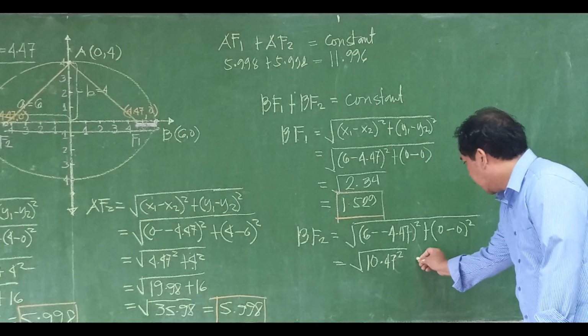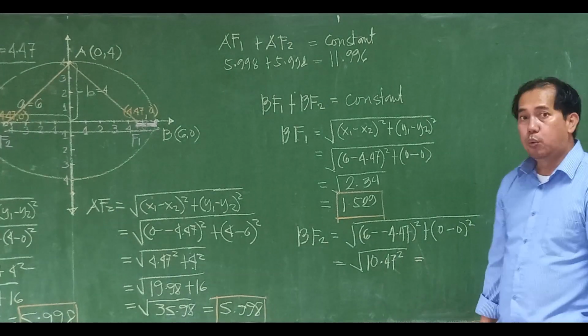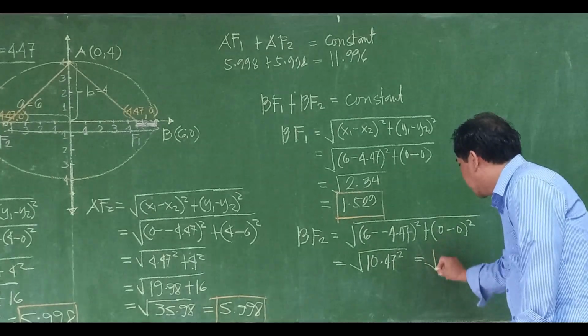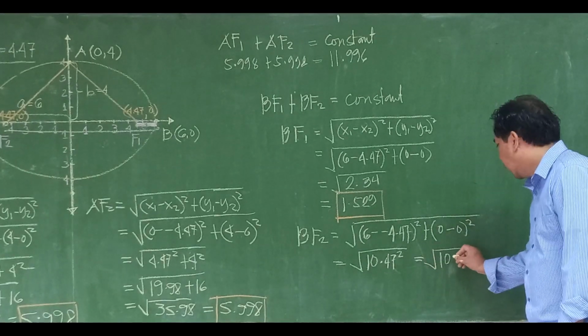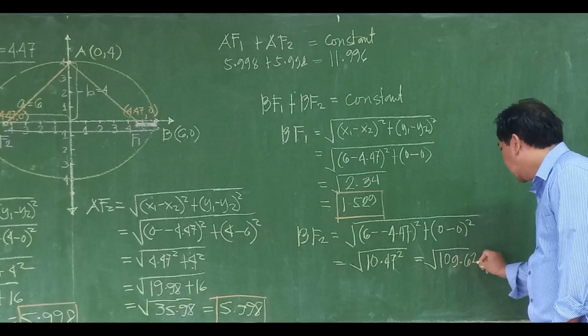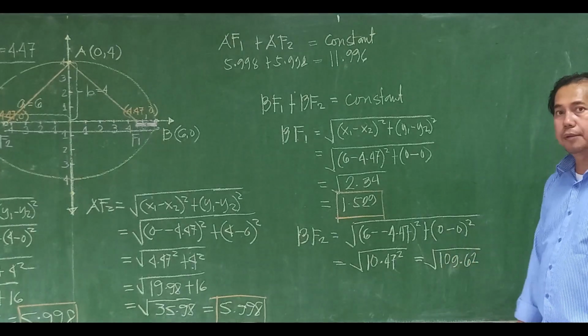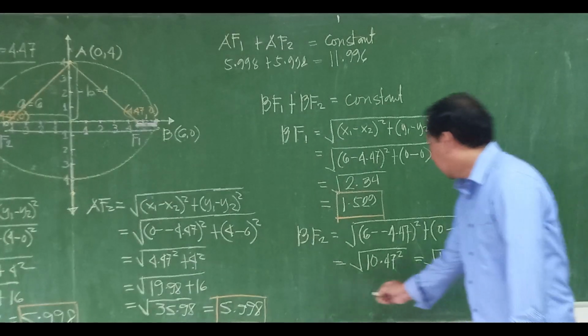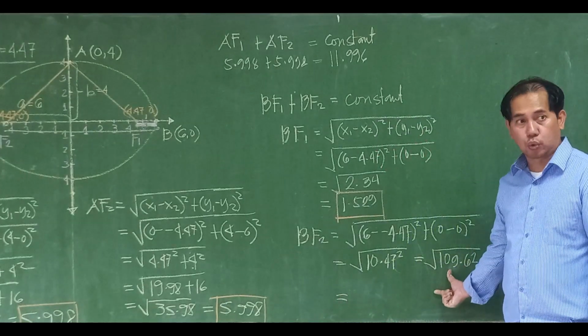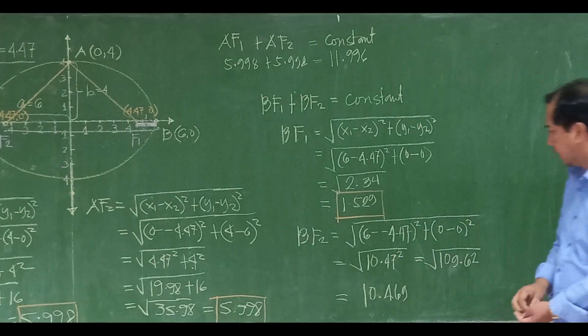After having that one, we are going to raise it to the second power, and so it will give you now the square root of 109.62. Now, notice that we need to extract the root, 10.469.